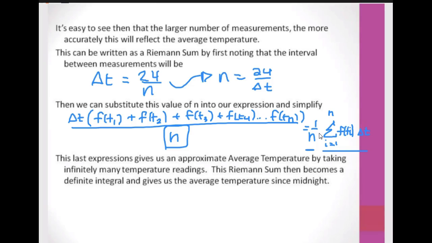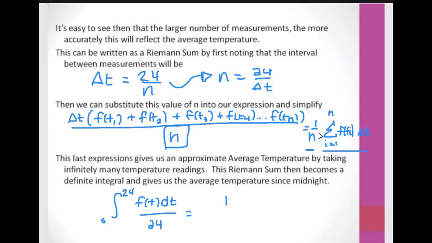In the case of this example, if we want average temperature over a 24-hour time period, that's like the integral from 0 to 24 of f of t dt. That would be the sum of all the temperatures in the 24-hour time period. And if I wanted to find its average, then I would divide that by 24.